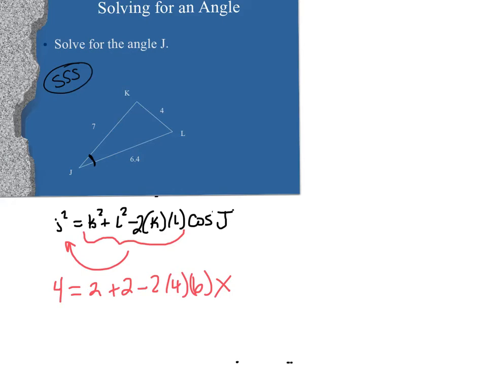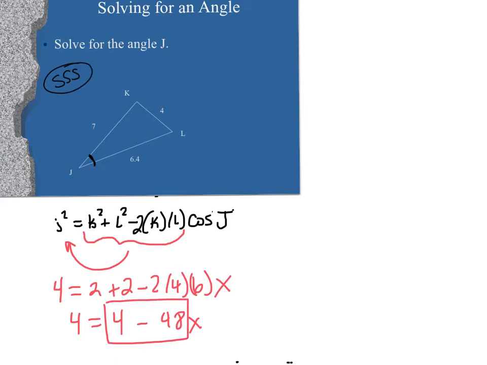What would we do first? Well, I would have the 2 plus 2, and then the 2 times 4 times 6, so that's 48x, right? Well, what some people do is they take this whole piece and move it over.